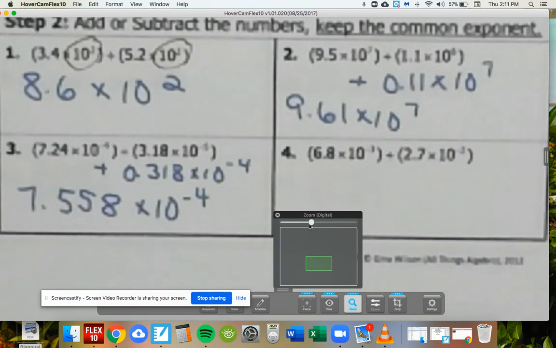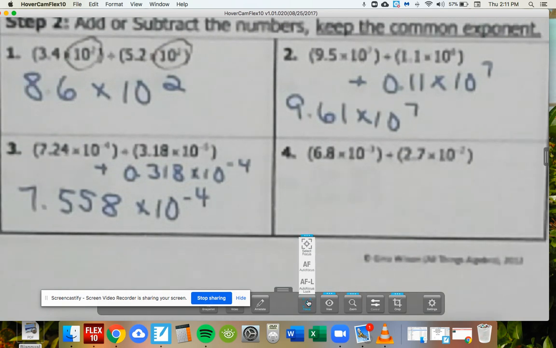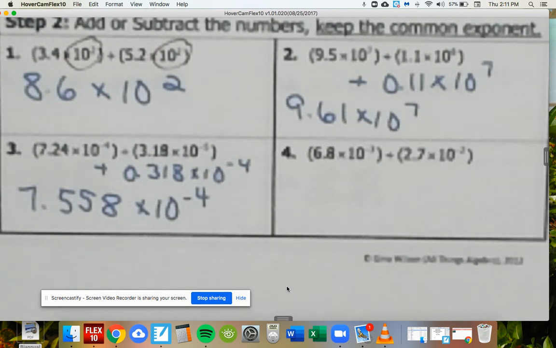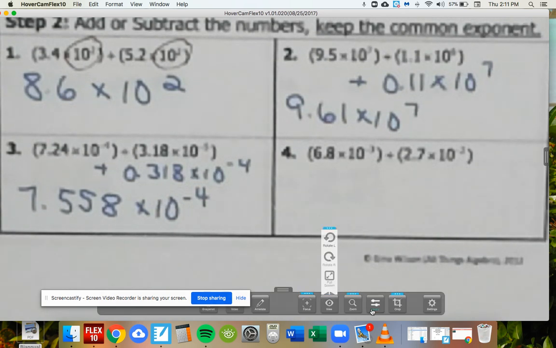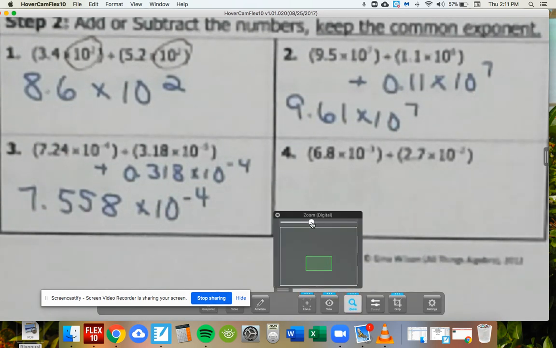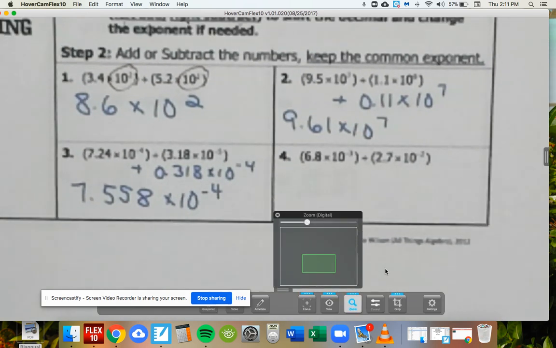No. How about this button? Bummer. That just does not help. Well, kids, I don't know what to tell you. This is really the best we're going to be able to do right now. I'm going to zoom out a little bit.